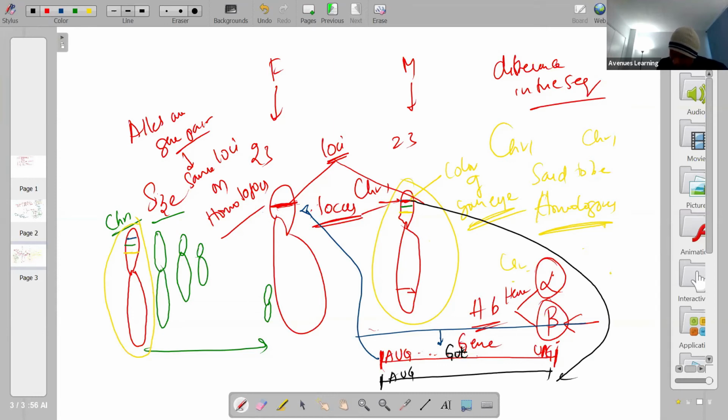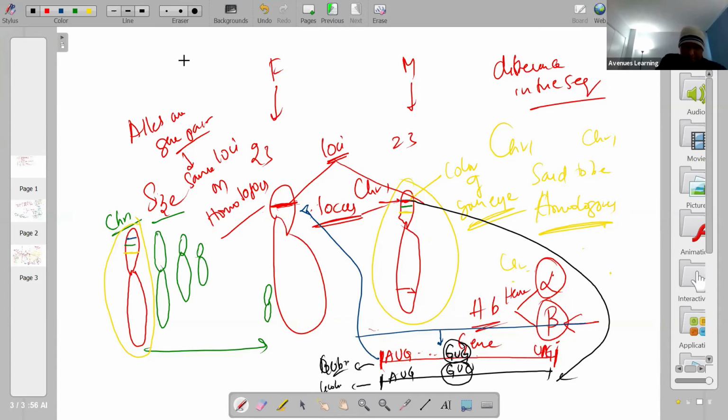Let's say here there was GUG, and here you have GUU, just to give you an example. Because the nucleotide sequence is changing, the amino acid will change. So you'll get one kind of globin here and a different kind of globin here.